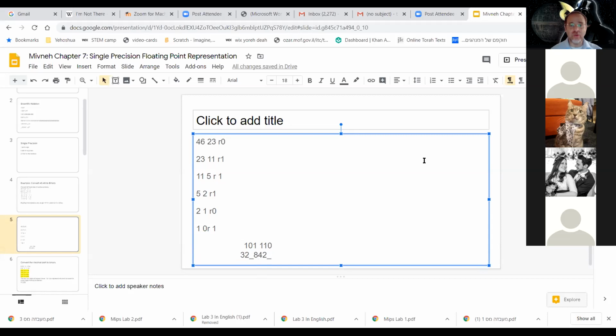So 32 and 8 is 40, plus 6 is 46. So that's 46. But it only worked if we did it that way. First of all, I'm just proving that you do have to do it from the bottom up, because otherwise it won't work. That's just the most basic thing.